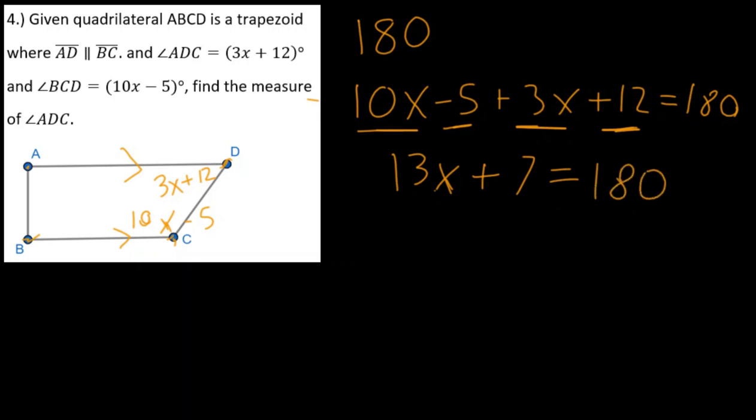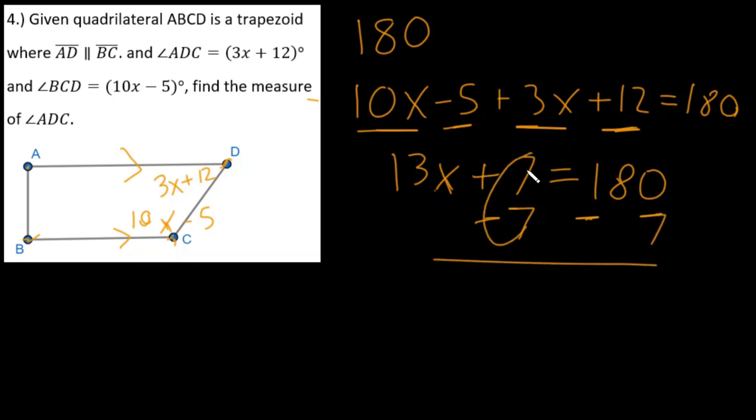Now from here we have a very simple equation, and ask yourself, should we get rid of the coefficient in front of x or our constant first? And of course we always get rid of our addition or subtraction first. So the opposite of plus 7 will of course be minus 7.